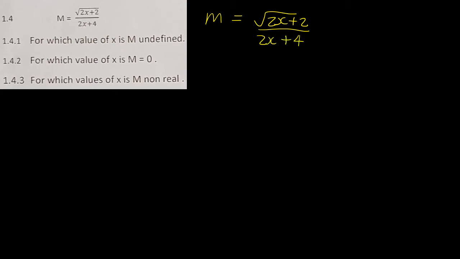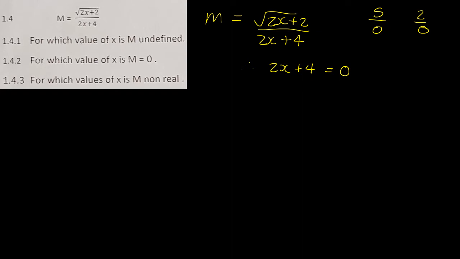Now we know that in order for something to be undefined, it must be like 5 over 0, 2 over 0. So therefore the denominator must be 0. So all we need to do is take the denominator, which is 2x plus 4, and equate it to 0, because that part must be 0 in order for us to get an undefined answer. So 2x plus 4 is equal to 0.